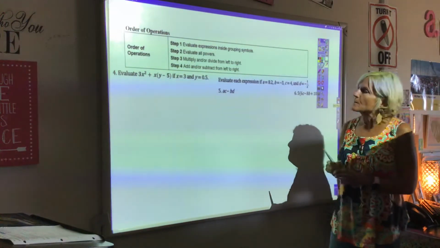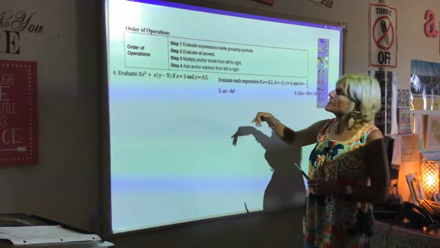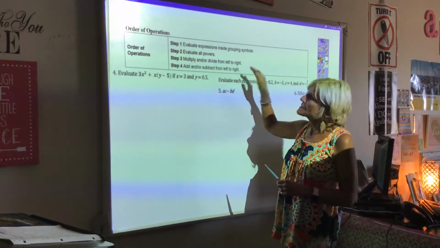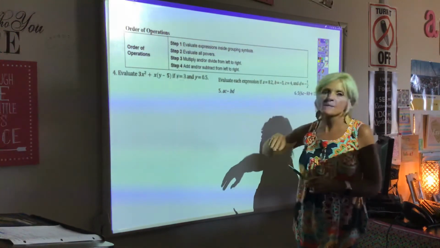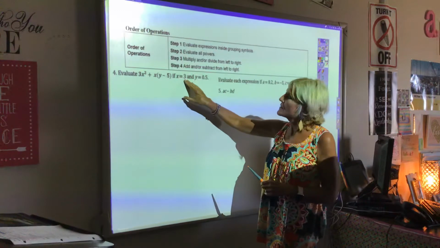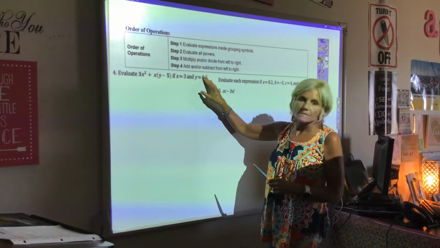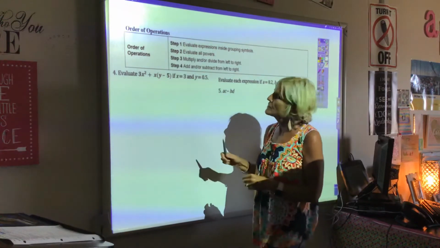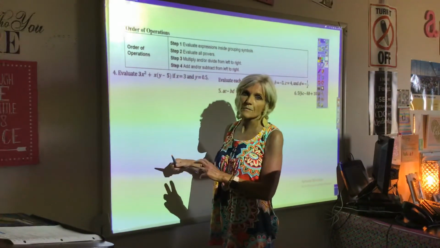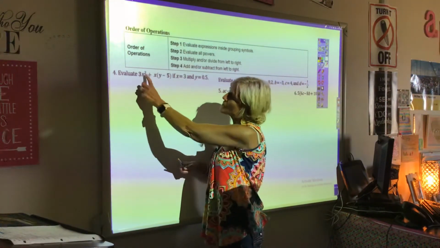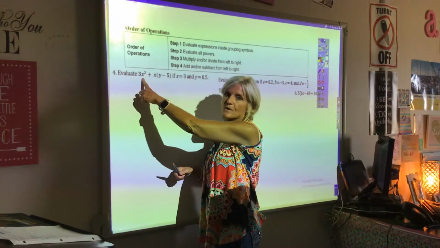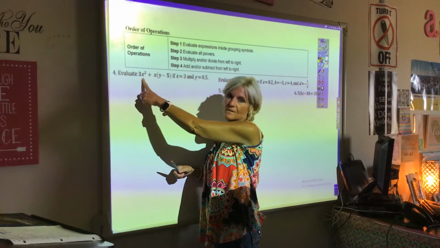Okay? We're going to take this a little further. We're going to evaluate our order of operations, but we are also going to be inserting a value in the equation for x and for y. So what you do when you insert values in place of a variable is you put the value in where the variable is and you put it in a parenthesis.